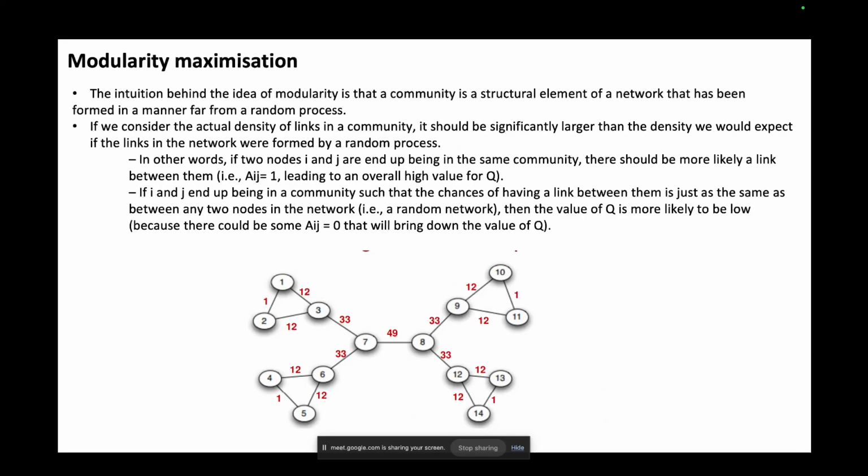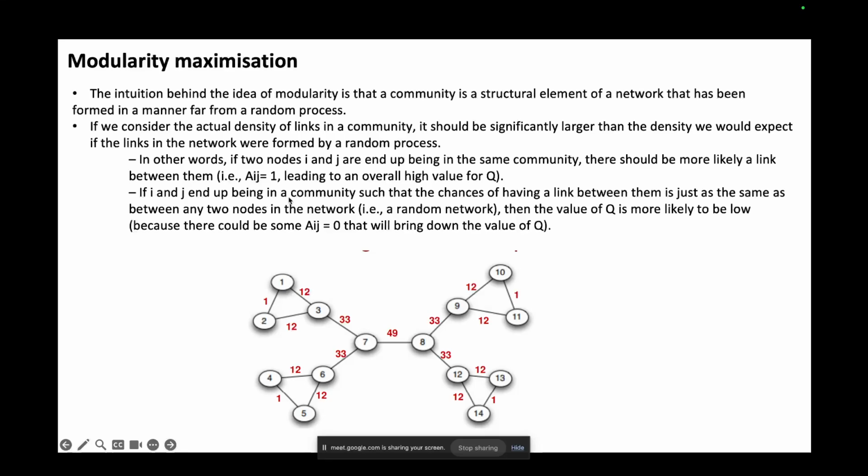For example, if you have two nodes i and j in the same community, there should more likely be a link between these two nodes, so A_ij will be equal to 1, leading to an overall higher value of modularity.